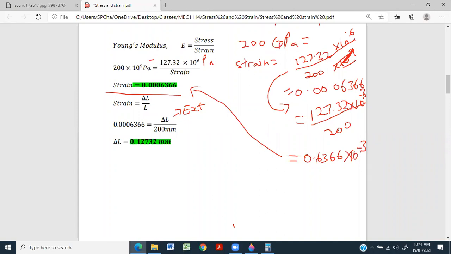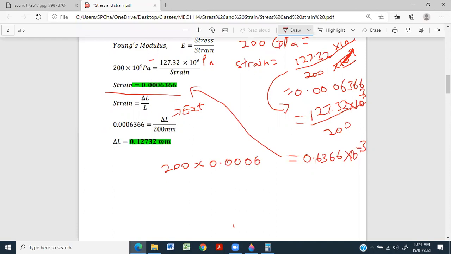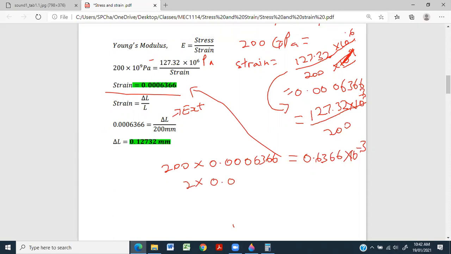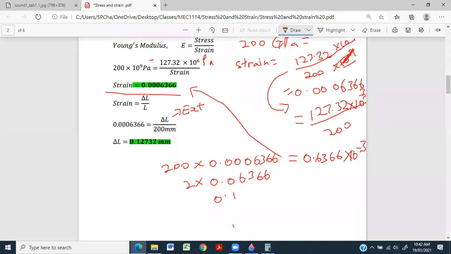We get 200 times 0.0006366, which gives 0.12732. Okay. And this here is in millimeters.